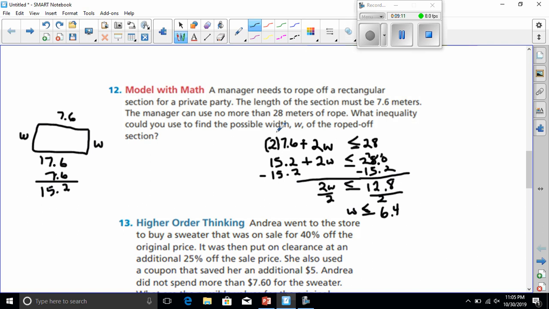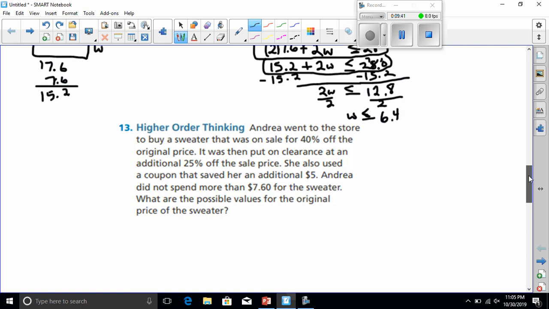So in actuality, my answer lied right here. I could have even used this one here after I multiplied 2 and 7.6 as an answer, and it would have been just fine. But I took it a step further because I was curious to find out what W was, and W does equal 6.4.